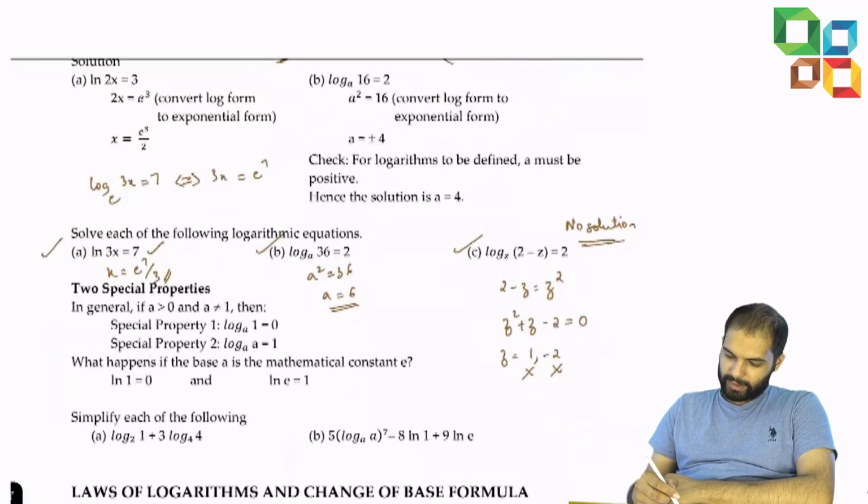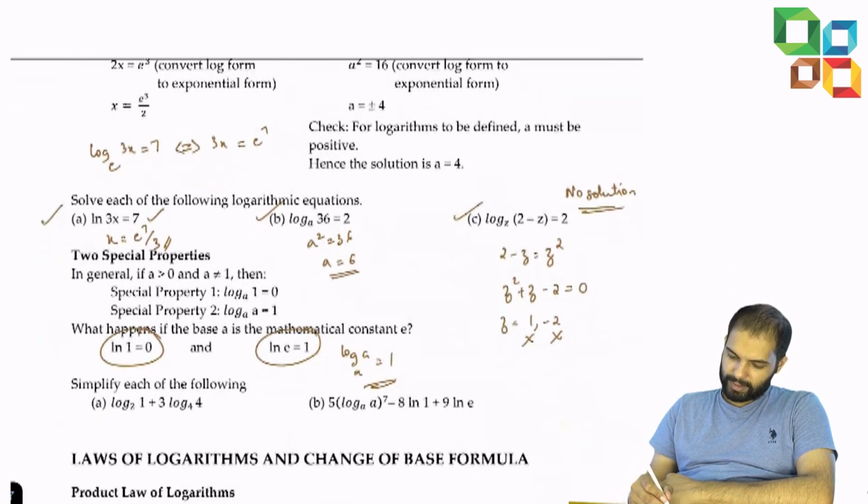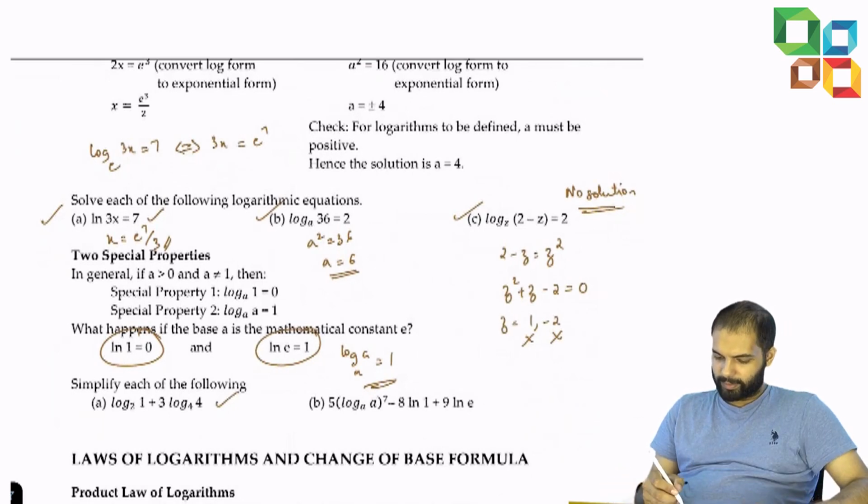I think this we have already seen, and this also we have seen, right? We will generalize this. So log a base a is equal to 1. So we need not do anything. Just simplify. This we'll take up in the next class. Just simplify each of the following. So what is this equal to? Quickly. 0 plus 3 will be 3. Right, 3.